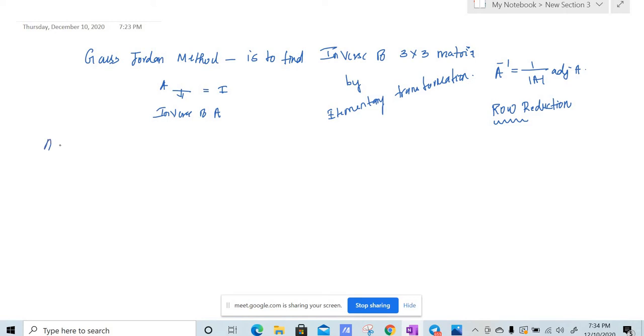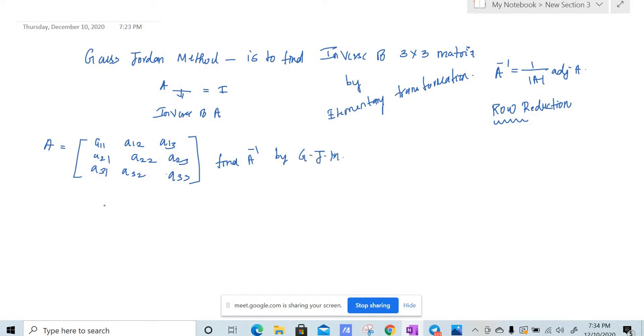So the question will be like, they will give a 3x3 matrix, for example A11, A12, A13, A21, A22, A23, A31, A32 and A33. We need to find A inverse by Gauss-Jordan method, right?